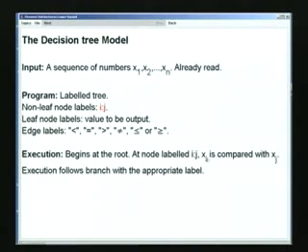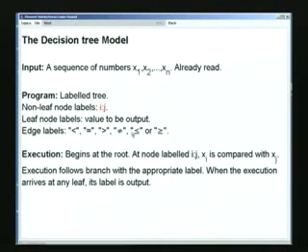Whatever the outcome of that comparison is, the corresponding outgoing edge is found, and execution follows that edge. So you go down to the node at the other end point of that edge and you repeat this whole thing until you get to a leaf. When you get to a leaf, its label is output. So that's the answer that you wanted to compute.